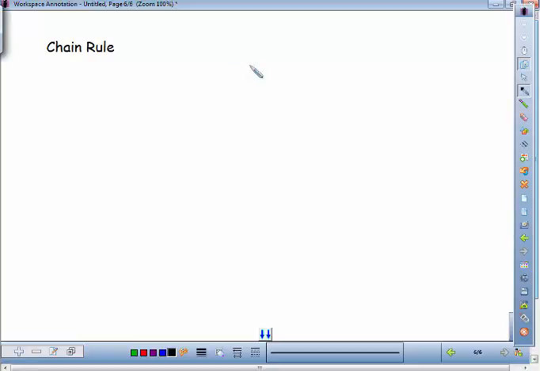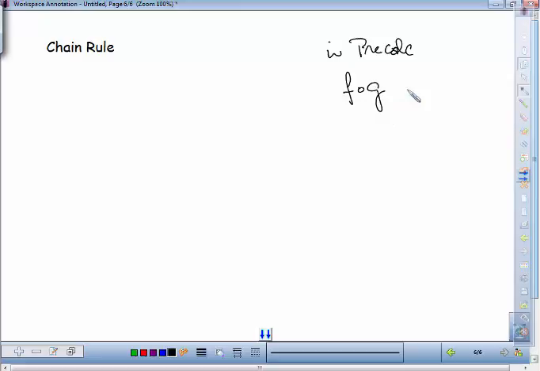So we composed functions back in pre-calculus. We have f of g. Remember that?